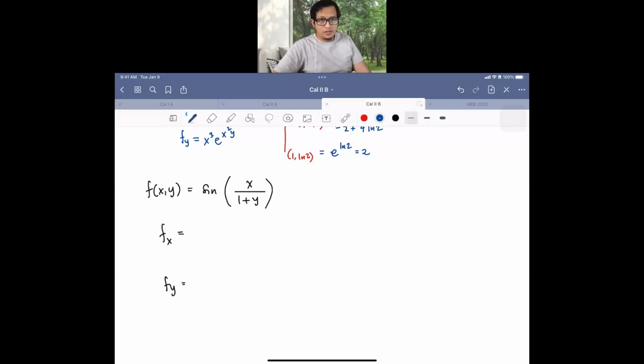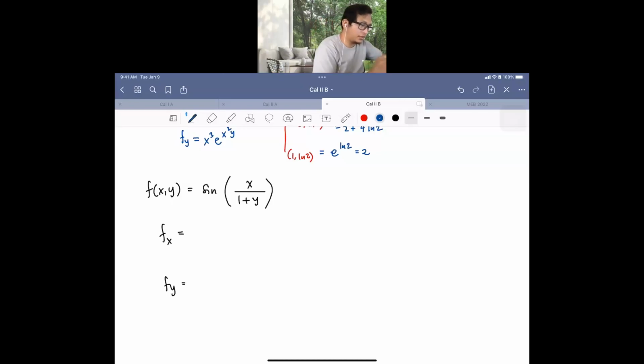Okay, if you see the structure, it has sine, and both variables are inside the sine. So whatever you are doing, the idea is to differentiate the sine. You should have a cosine, and the trouble will be the chain rule inside.